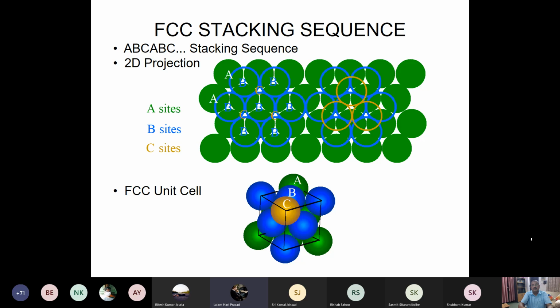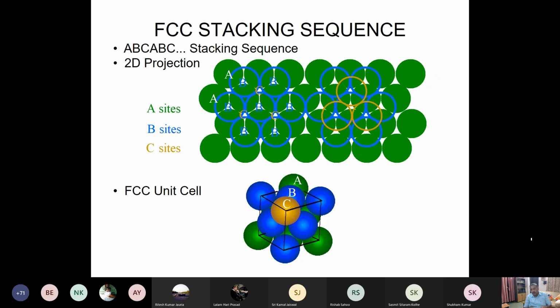HCP. So if the close packed planes of atoms are stacked in the sequence of AB, AB, AB, they are called close packed hexagonal or hexagonal close packed.